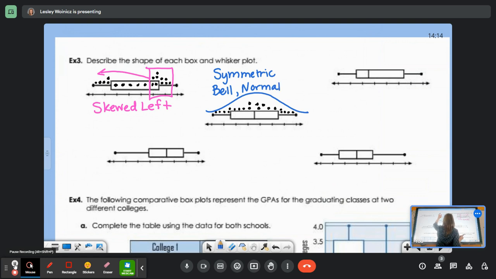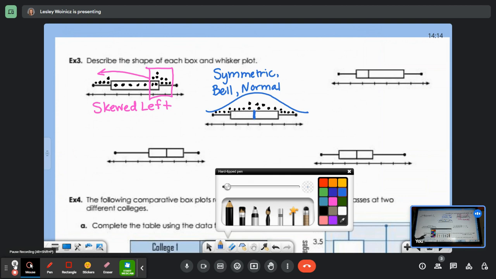Okay, so what you might notice about this one is that the median is in the middle. So if we have the median and the mode and the mean all ending up in the middle together, then we have a symmetric distribution. Cool? All right, let's keep it moving to this one.